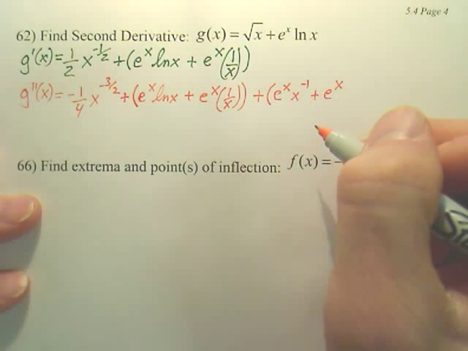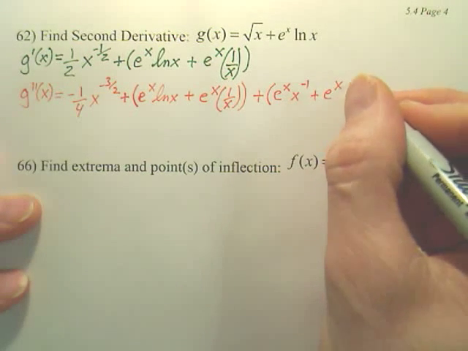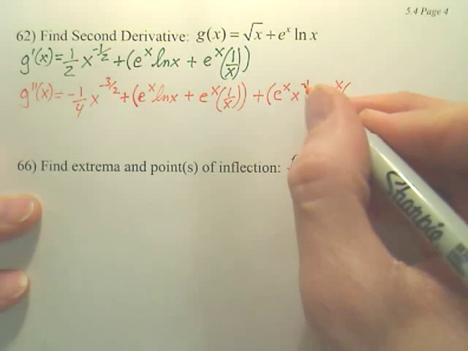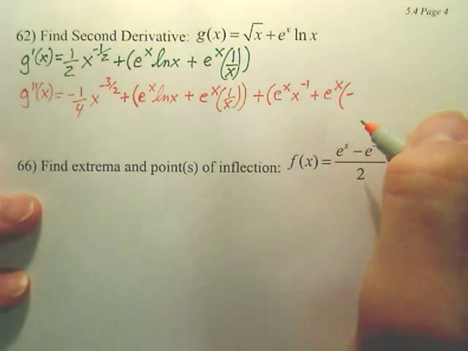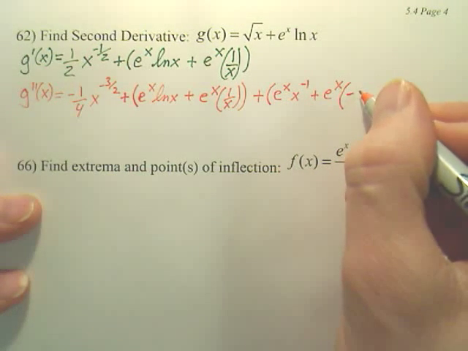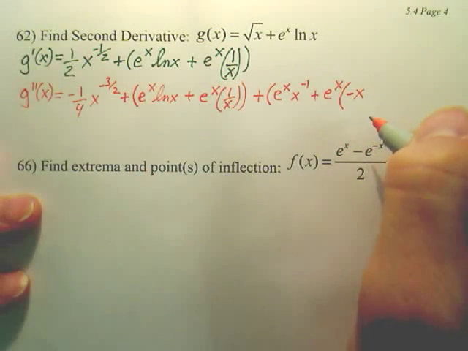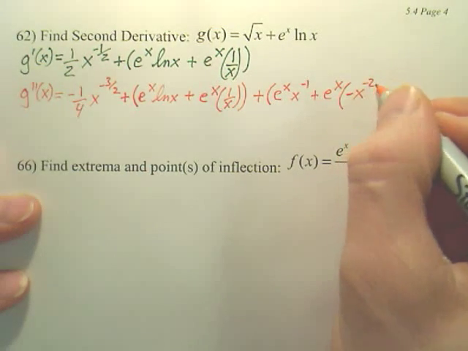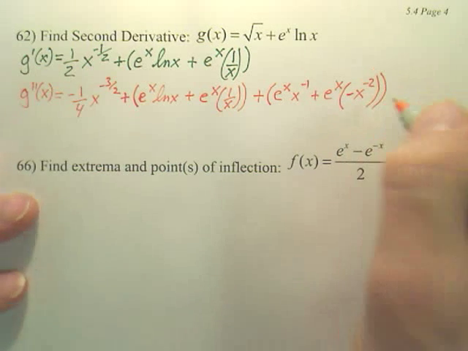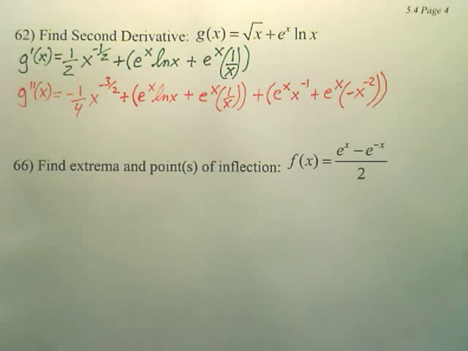The derivative of x to the negative first is, well, you take the negative, put it out front, so it would be negative, and it would be x to the negative second. Alright, that would be your derivative.